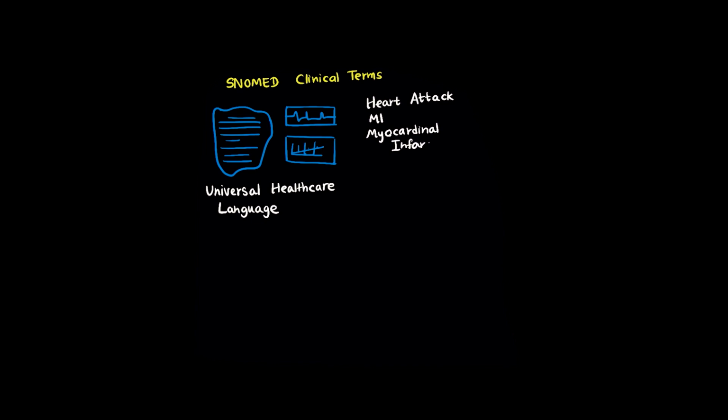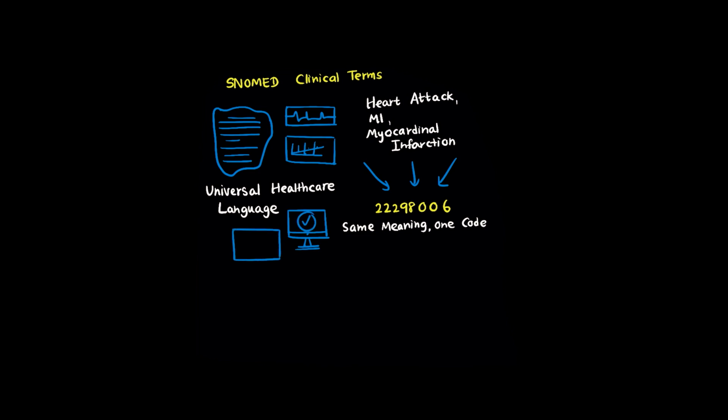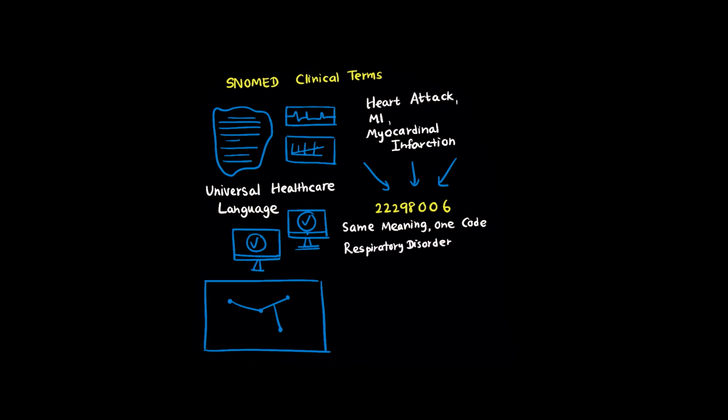Imagine trying to share patient data between a cardiologist in New York and an emergency physician in California. Without SNOMED, one system might document heart attack, while another uses MI, and a third says myocardial infarction. They all mean the same thing, but computers don't know that. SNOMED assigns a specific code, 222980006, that means myocardial infarction in every system, every language, every country that uses it.